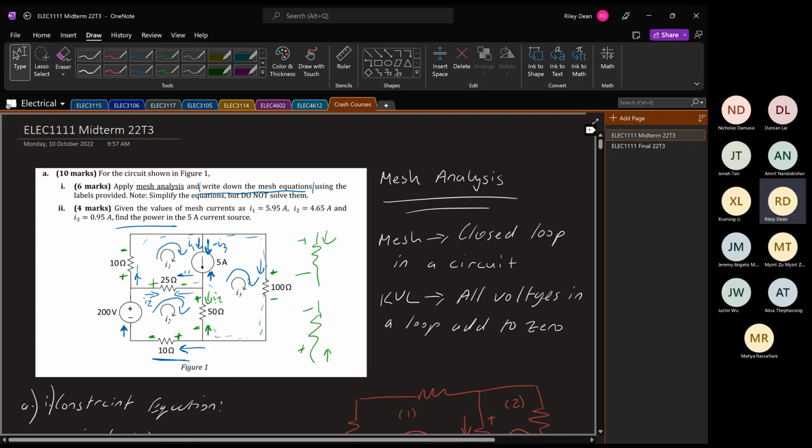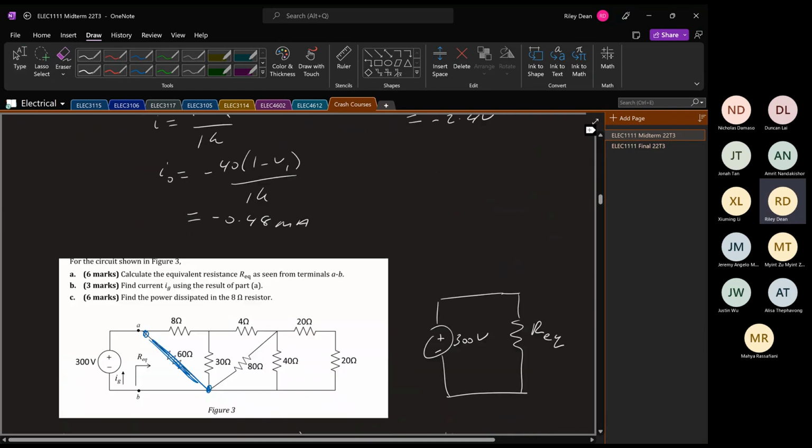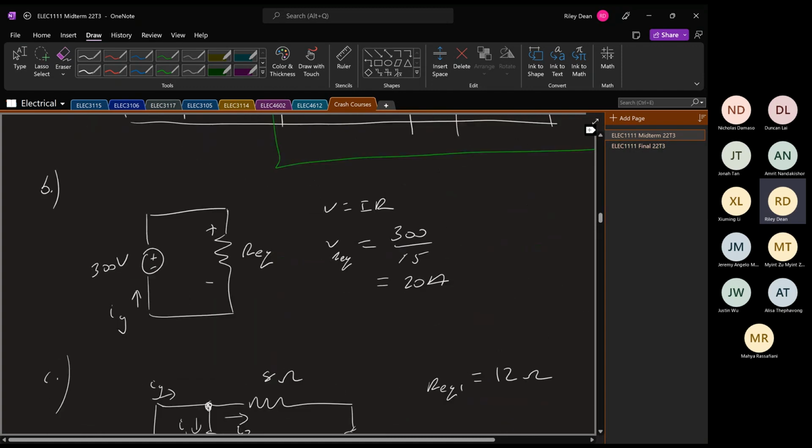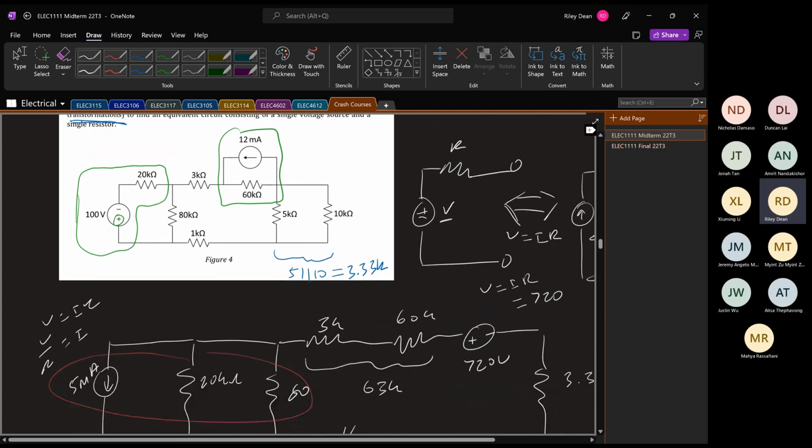Let me quickly go back to our midterm and look at source transformation.